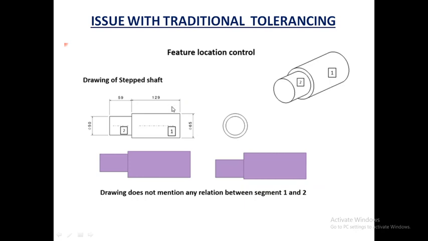So the manufacturer doesn't need to worry about coaxiality of the smaller and larger step. After manufacturing, a step can be moved up and down because the drawing does not expressly mention any relation between the axes of feature 1 and feature 2.